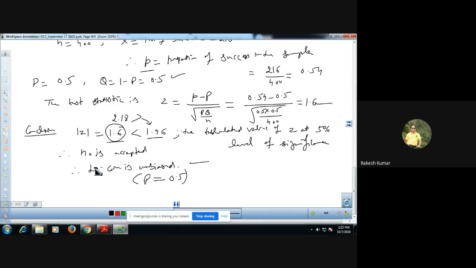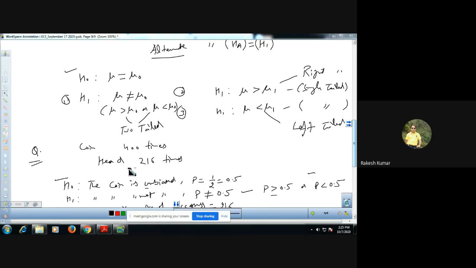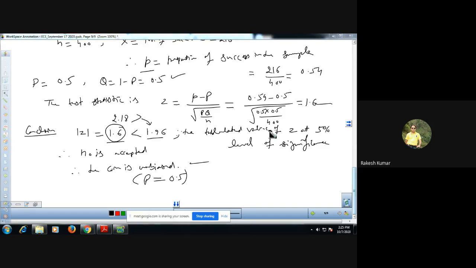And what does the alternate hypothesis say? That the coin is not unbiased. It means the sample which is showing the value of z has not been taken with an unbiased coin. So a sample has been taken with a biased coin. So this is the meaning of that conclusion. So in this way we can find out the result.